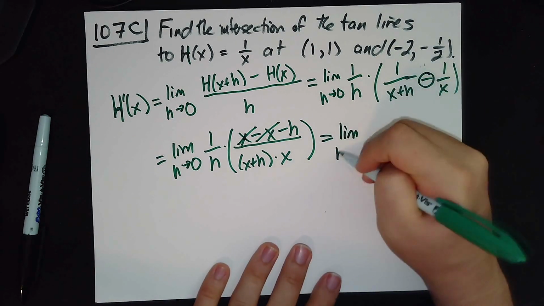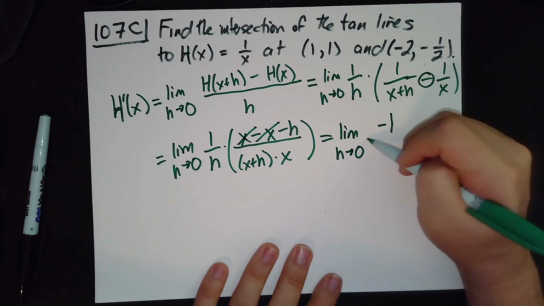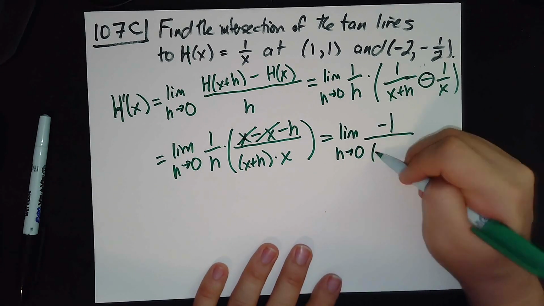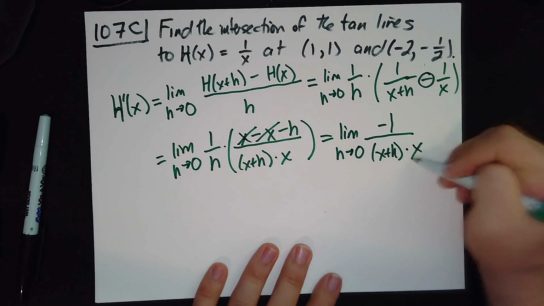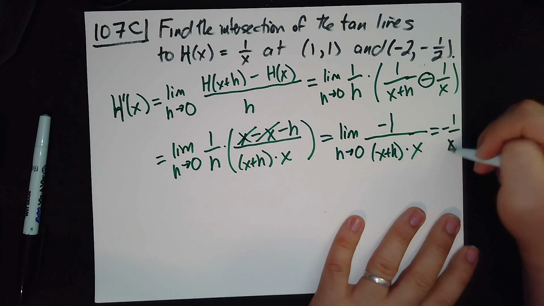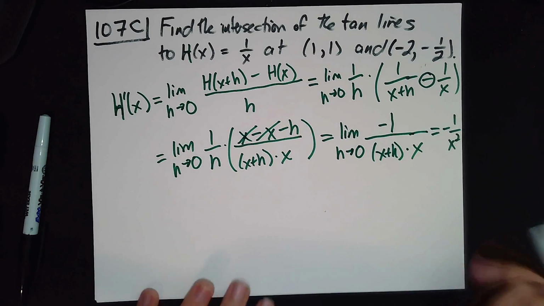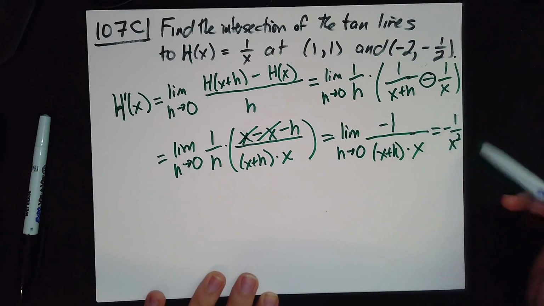So I've got now a limit as h goes to 0 of minus 1 divided by x plus h times x, which is minus 1 over x squared. Okay, so that's my derivative.